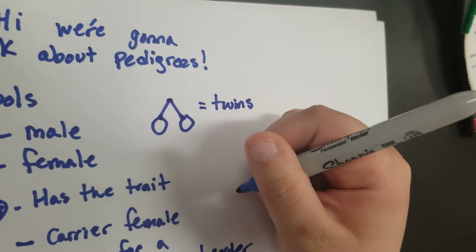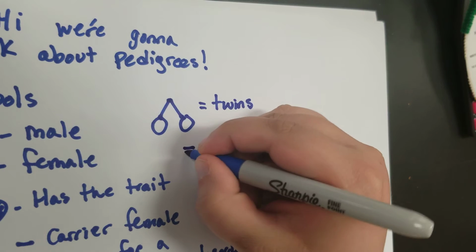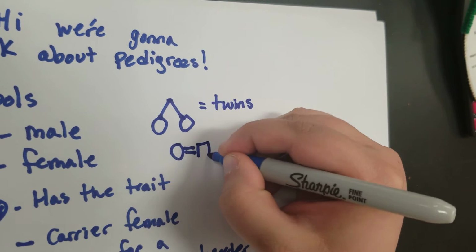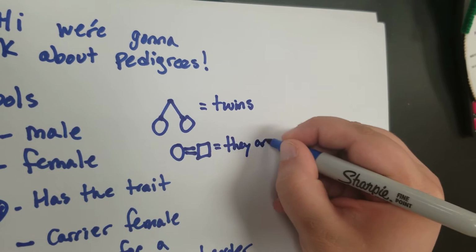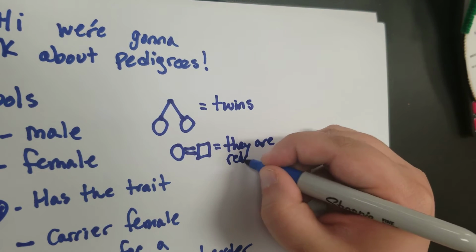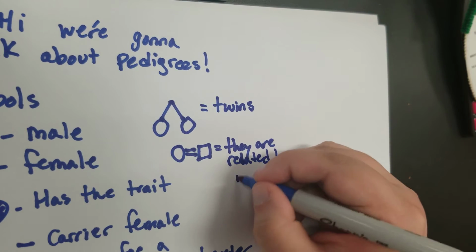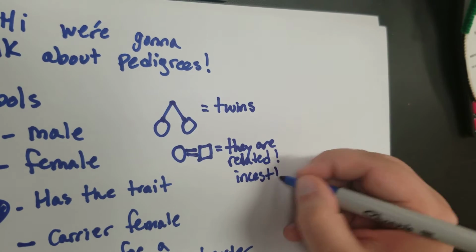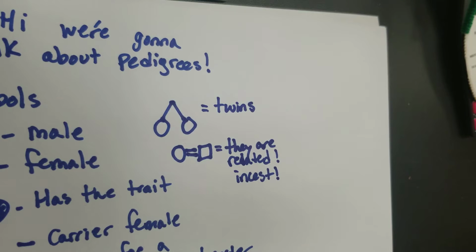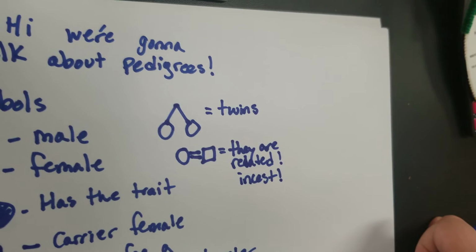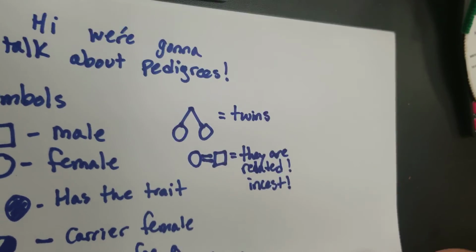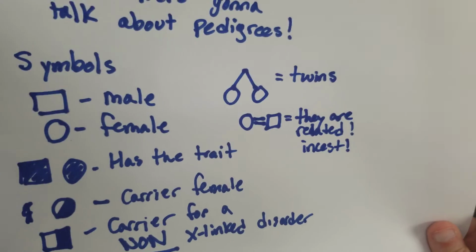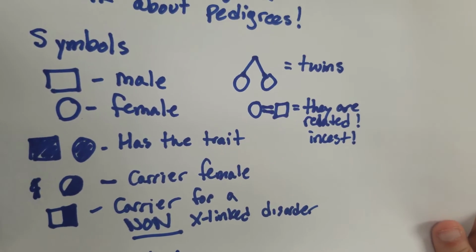Sometimes if there's a double line connecting, that means that they are related, AKA incest, as you saw in some of our examples. So here are the symbols that we will use.